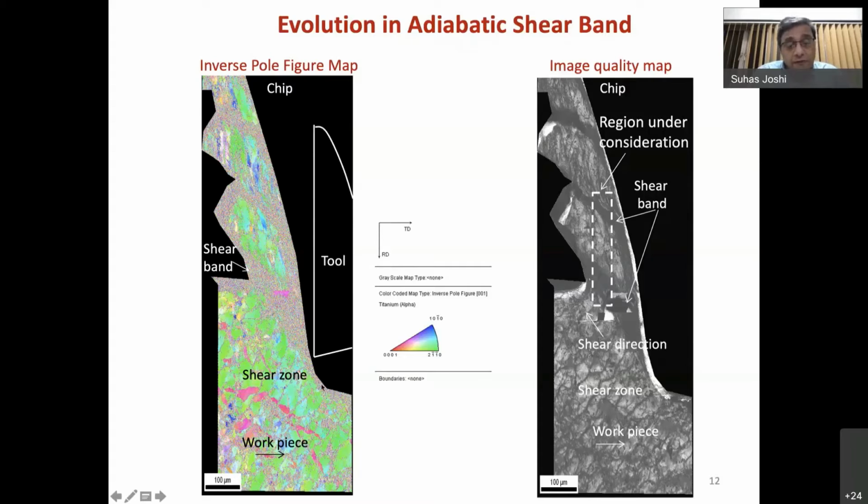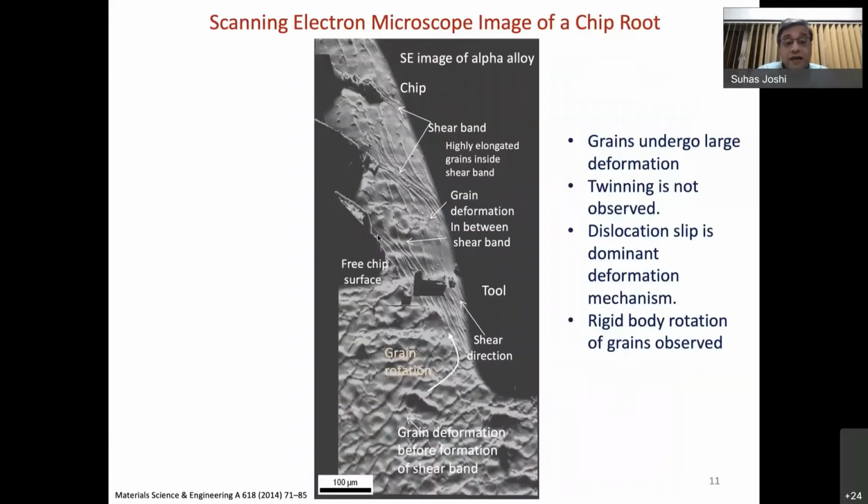But if you take the zone in between the two chip segments, you find that there are very fine particles. Now, the time required for formation of one segment could be in microseconds, and within microseconds, the whole microstructure which was here something like this has been completely shattered along certain directions, and those directions are these directions.